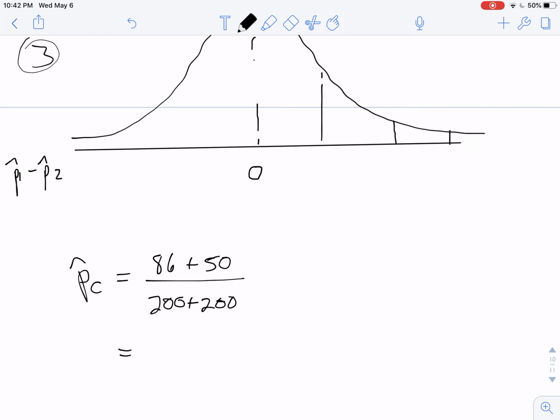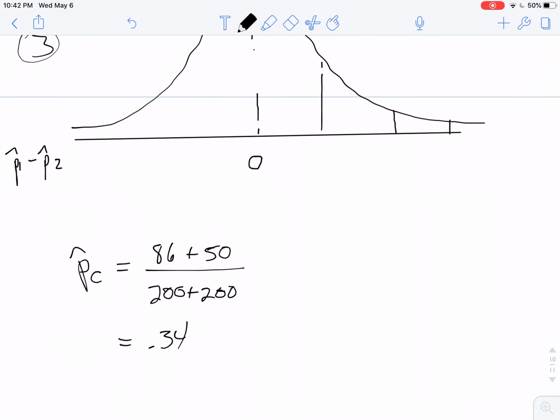If I calculate that, the pooled proportion is going to be 0.34. So 34% of both samples combined experienced sunburn.